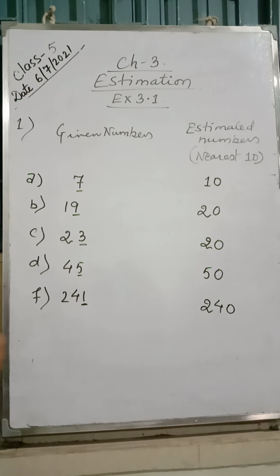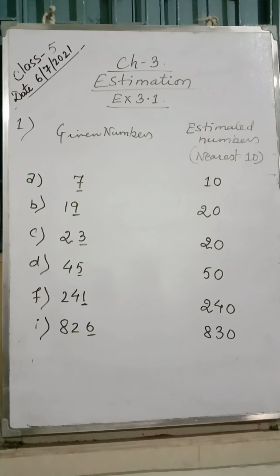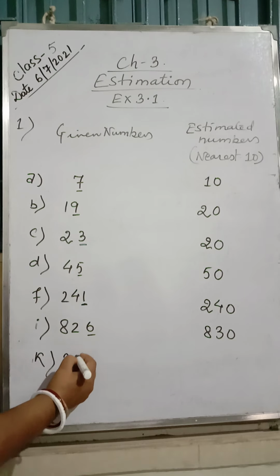Look at question number I. Given is 826. See the digit at unit place, 6, more than 5. So we'll add 1 to the digit at tens place, 2. So this will be 830. Let us see question number K, 2524.